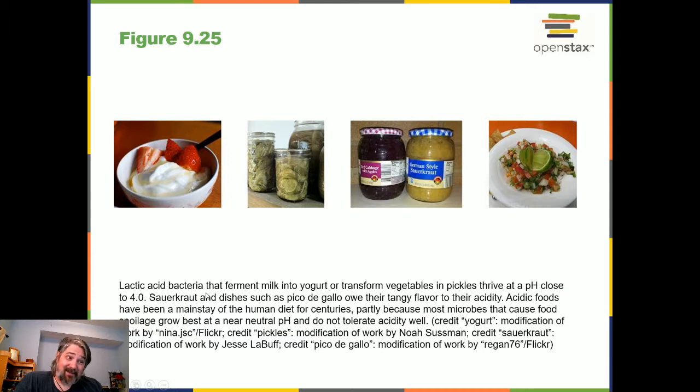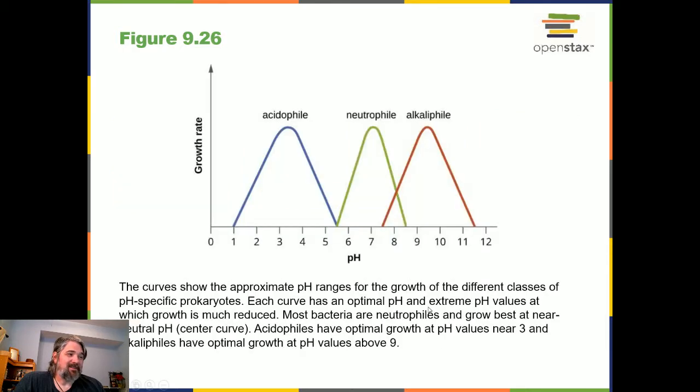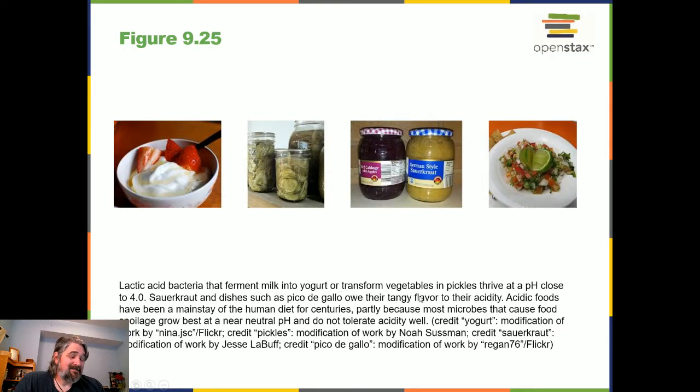So lactic acid bacteria are able to ferment milk into yogurt, or we can transform vegetables into pickles. Well, I mean, cucumbers into pickles. Is there anything else that you would call a pickle that didn't start from a cucumber? I don't know. These bacteria thrive at a pH close to 4, so slightly acidic.